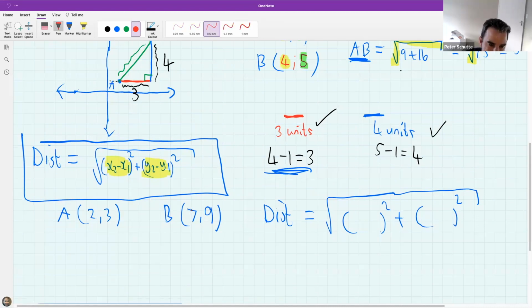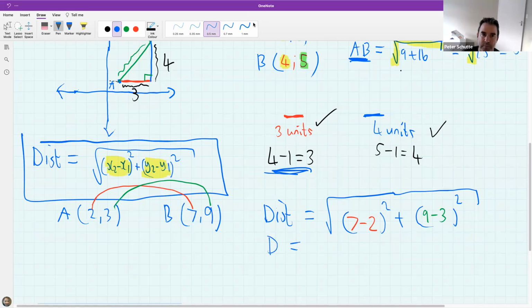So I'm going to go 7 minus 2. And if there are any questions, now is a great time to ask. Pop your answer in the chat when you feel comfortable.